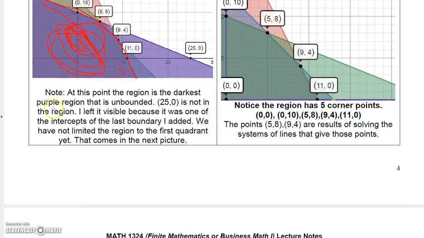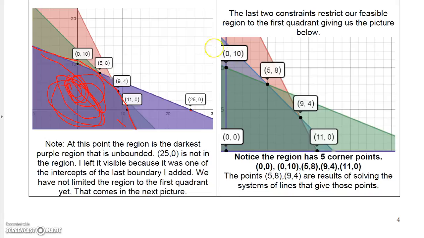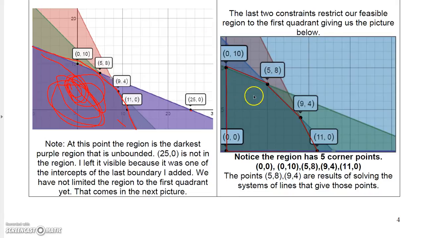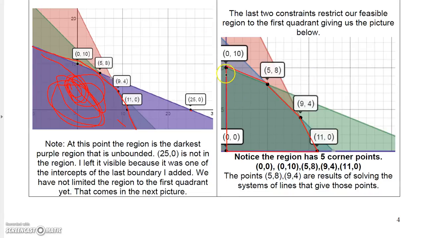So that means we have to restrict ourselves to the first quadrant. If we do, you can see I drew little red lines to show you the boundary. You look at these vertices: (0, 10), (5, 8), (9, 4), (11, 0), and (0, 0).